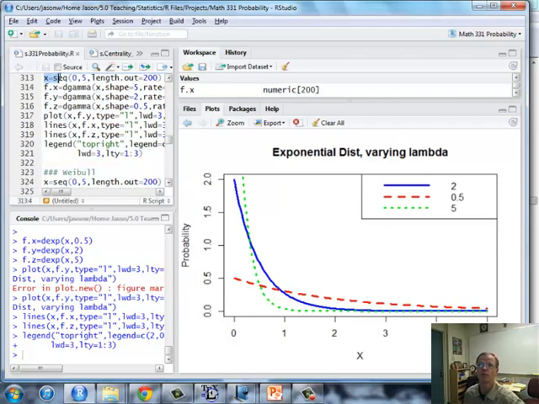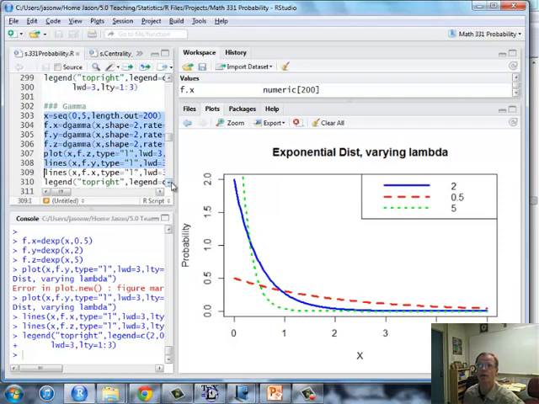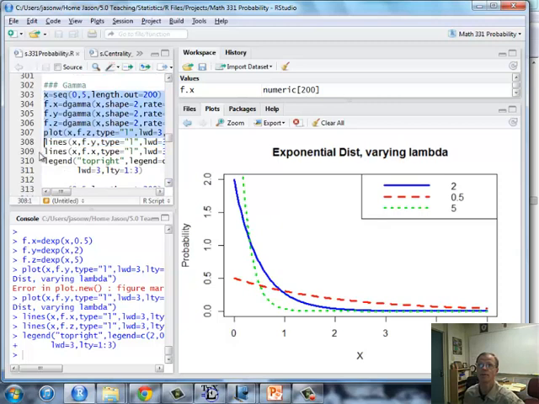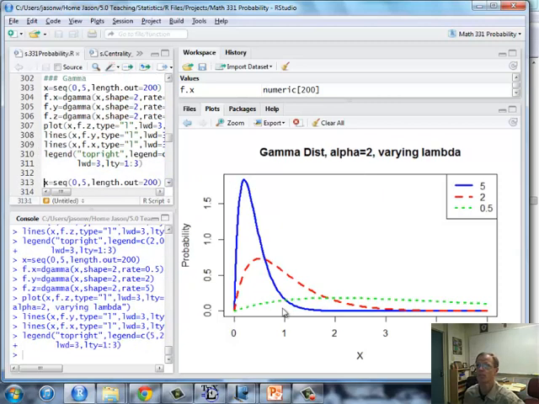So the first one, I want to make a plot for the gamma here. And we'll notice that alpha's fixed at 2. So that means that it's the waiting time until 2 events in my Poisson process occur. Okay? So if lambda, the rate, is 5, then we have this big spike.